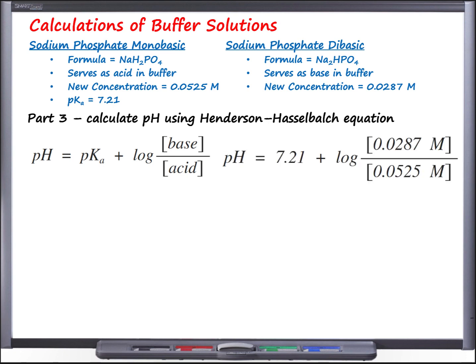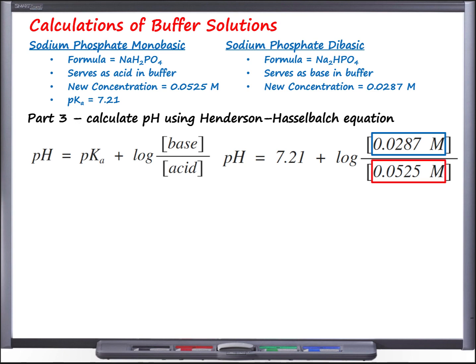So what we have here is that the pH is equal to 7.21, which is the pKa and doesn't change, plus the log of, but now we need to make sure we put in our revised concentrations. We said on top is the base, and the base concentration is now down to 0.0287 molar.